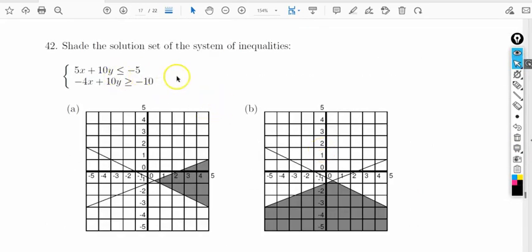Okay, let's look at what these would be. I'm going to do red and blue. So to get y by itself, I need to subtract 5x from both sides and divide everything by 10. Subtracting 5x does not change the arrow. Dividing by 10 does not change the arrow. I'm not going to reduce because I'm just going to put that in my calculator as it is.